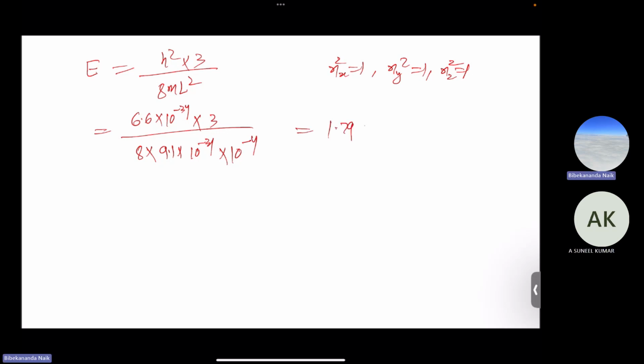It will be 1.79 into 10 to the power minus 33. Sir, is it 1.1 centimeter? Yes, it is 1.1 centimeter.